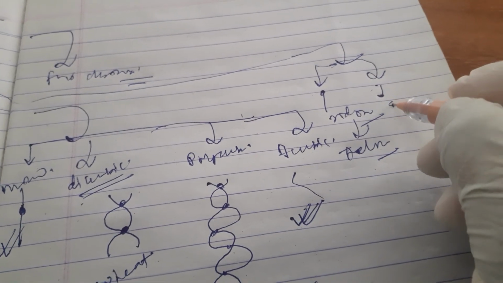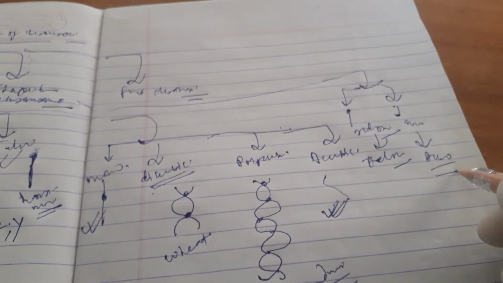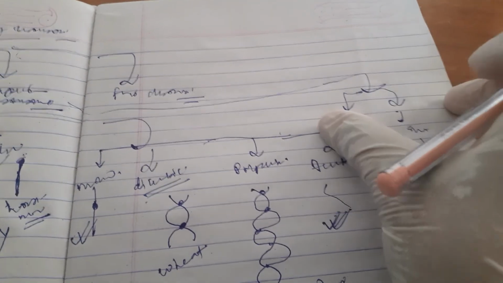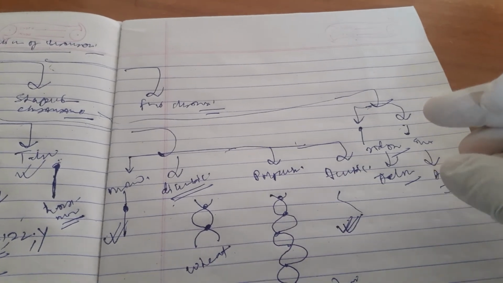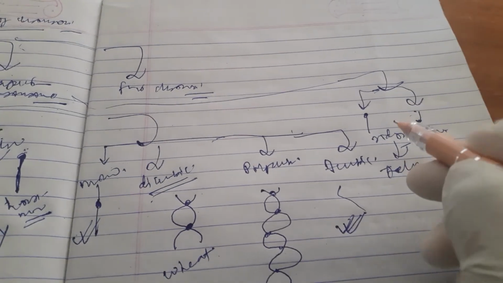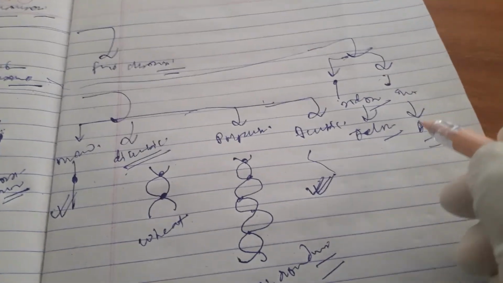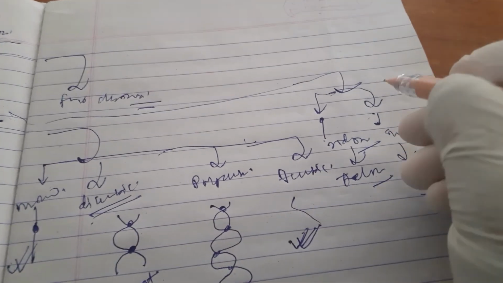J shaped. This is of acrocentric chromosome at the phase of metaphase. When the chromosome is in condensed phase, then the picture will look like this. Okay, the rod like, and the J shaped, this is acrocentric.